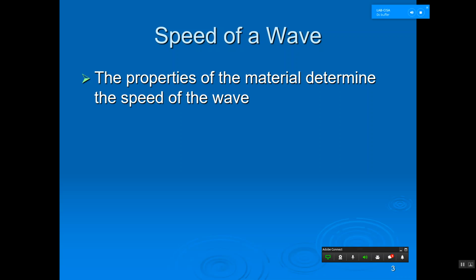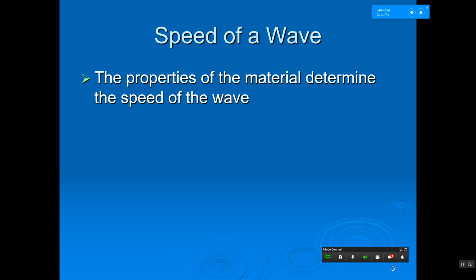You guys remember what the variables were for this? What determines how fast the wave goes on a string? I showed you the equation. We didn't really talk about it too much, but I did show it to you. Yeah, exactly. There were two or arguably three different things that mattered.